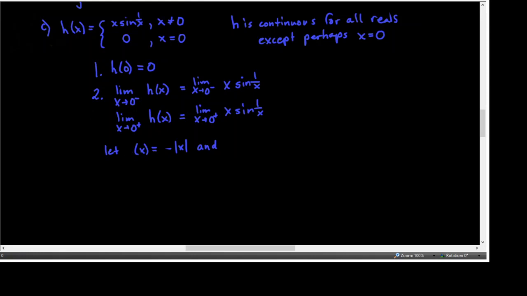I'm not going to be using the same letters as the theorem has, but that's all right. It's the idea of the theorem that matters, not the name of the function or functions that you're using. Okay, so let's let this be, I'll go ahead and call it f of x. And let's let g of x, I mean, make sure I haven't used g already in this problem. Nope, I haven't.